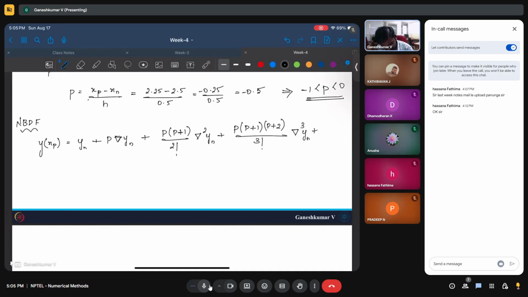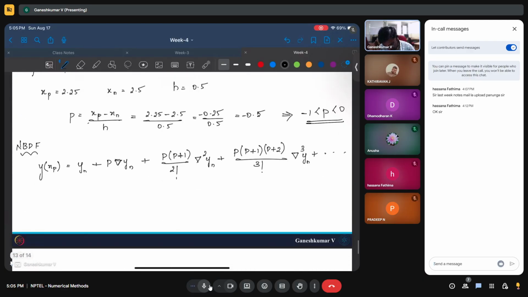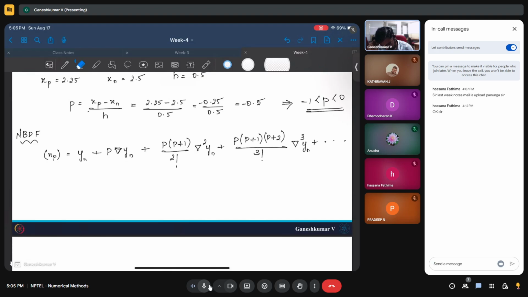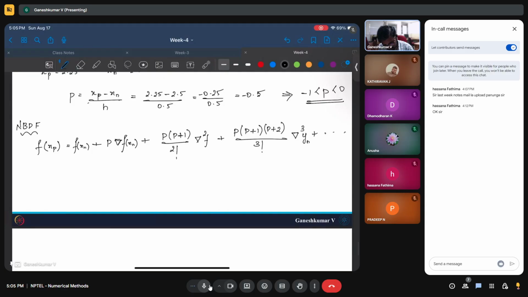We have till nabla cube. Okay, so since this is written in terms of f, let me just be consistent. So f of xn, you can also call it y. There's not much of a difference.